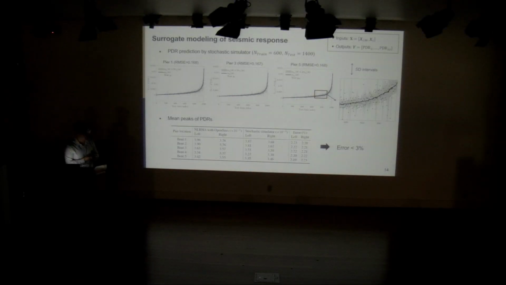The table below represents the mean peak values of the pier drift ratios, and we can find that the stochastic simulator model can predict the seismic response compatible with the Monte Carlo simulation result using the iterative OpenSees model, with an error below 3%.